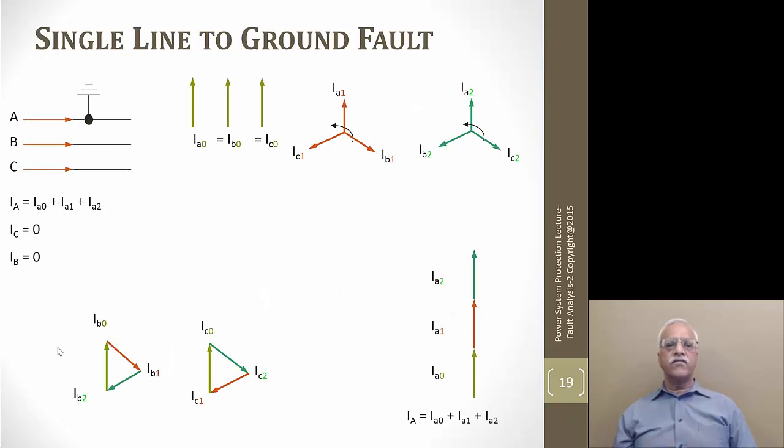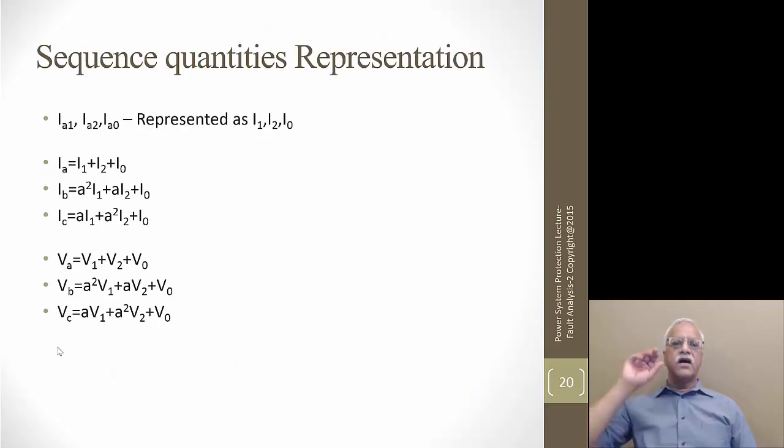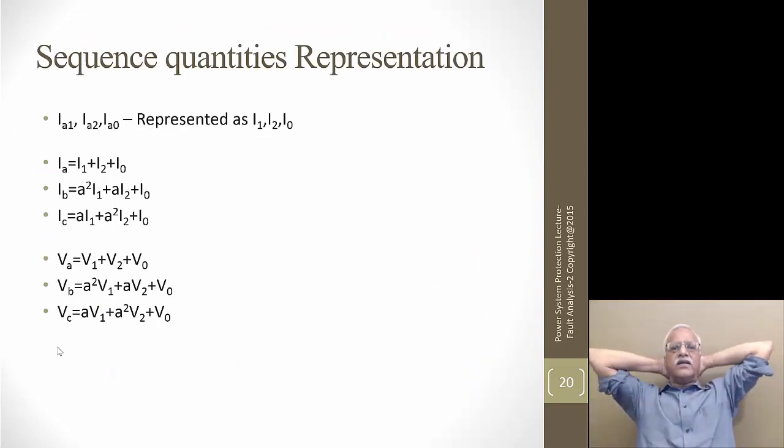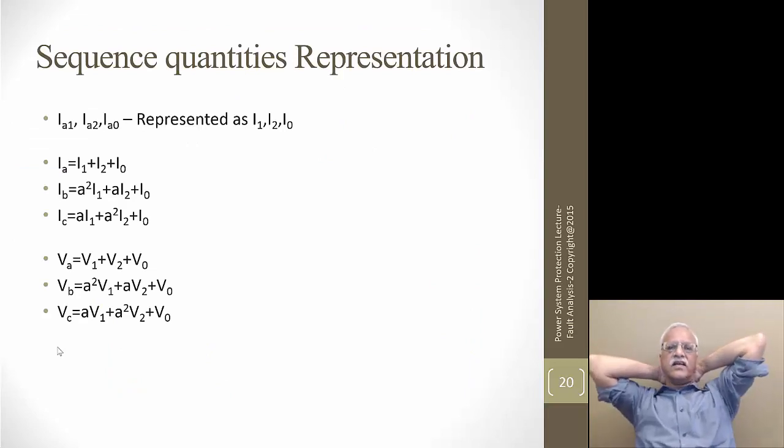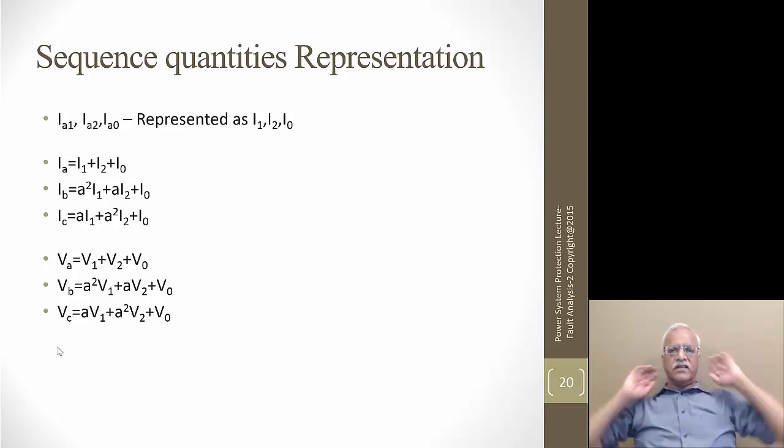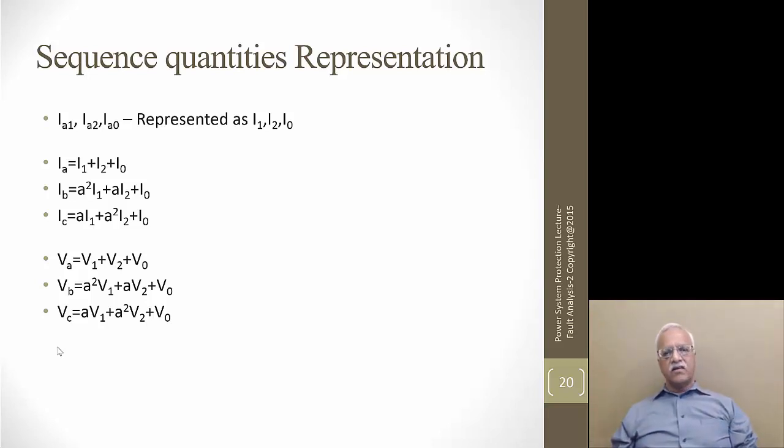So for a single line to ground fault, A to ground, you can represent it mathematically like that. Now I know IA1, IA2, IA0, and the B and C phases can be represented, for example A squared IA1 is IB1. But there is no need for us to use the A phase, B phase, and C phase, because they are all equal in magnitude, just separated in physical time by an angle of 120 degrees in positive and negative sequence, and with 0 degrees in zero sequence.